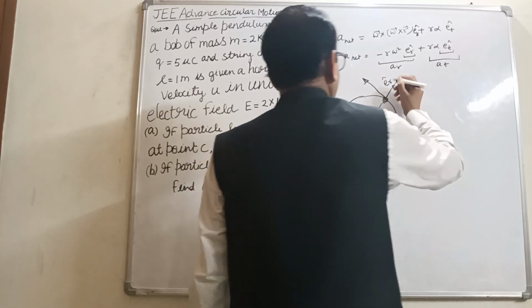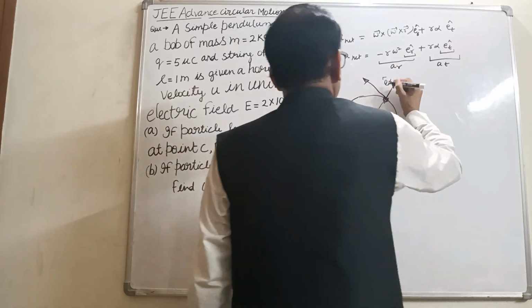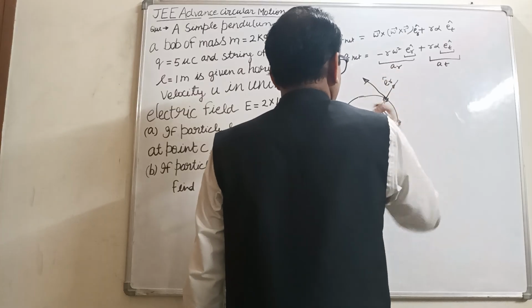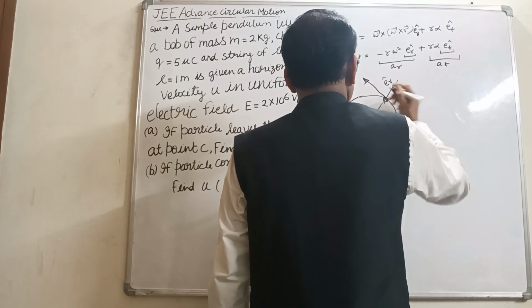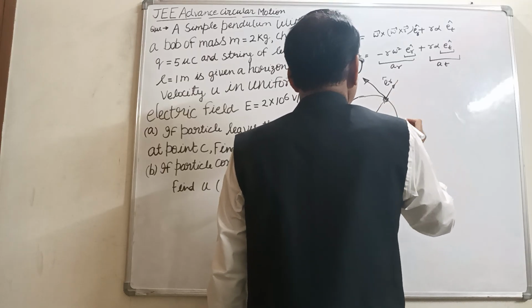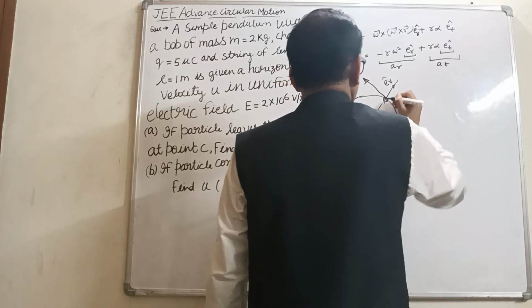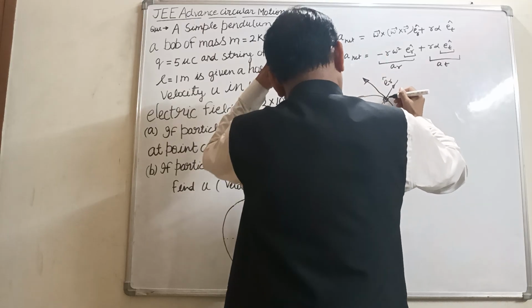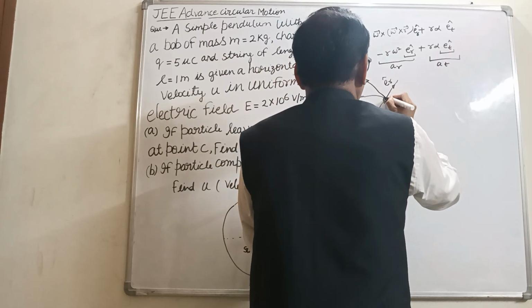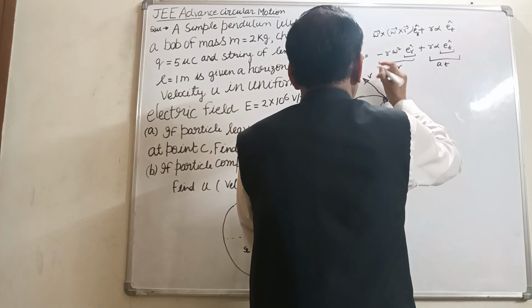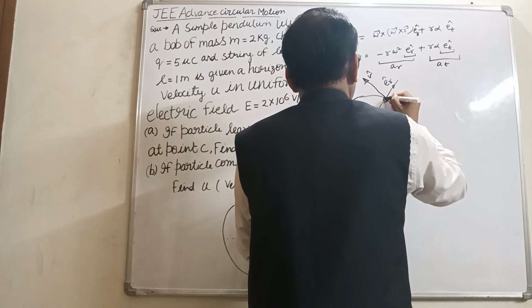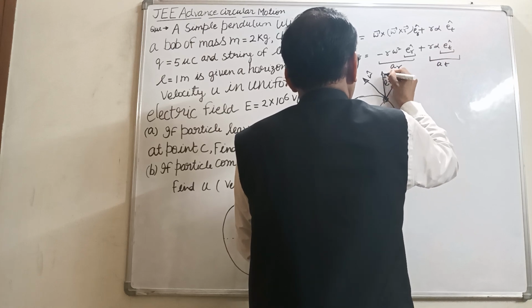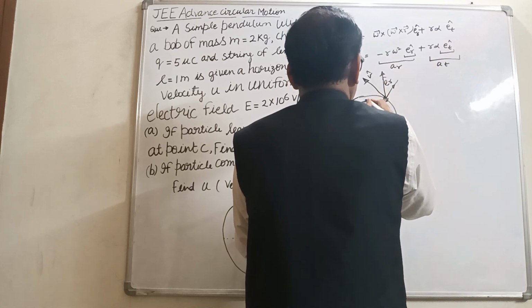The velocity and the radial vector are also perpendicular to each other. Suppose this is the V cap, the direction unit vector, in this direction.